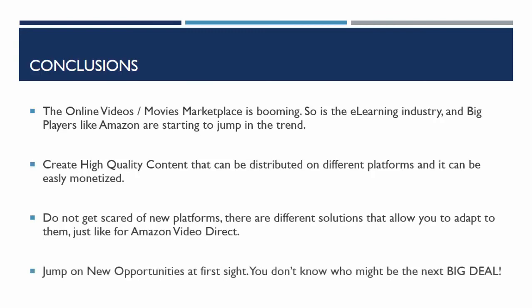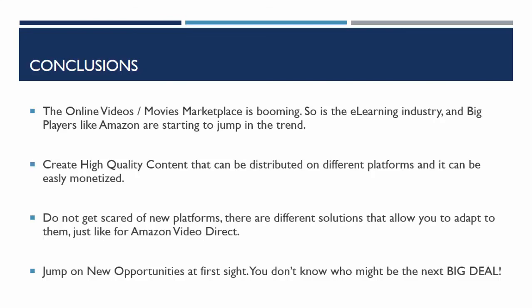And finally, of course, something that we have stated all along this course and now in the conclusion section: jump on new opportunities at first sight. You don't know who might be the next big deal. So exactly like there were people that jumped in on Facebook and created huge followings in the beginning, on Instagram it is the same thing, on YouTube it is the same thing. People that published courses on Udemy just in the beginning, or on Skillshare or on other platforms.